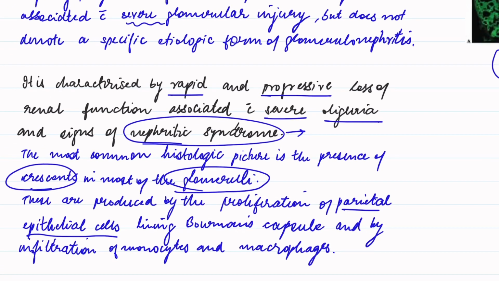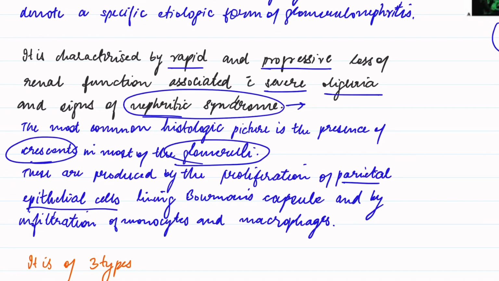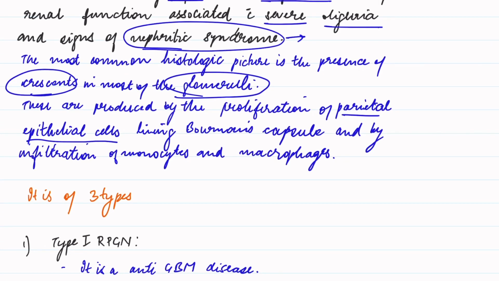Okay, so there is a rapid and progressive loss of renal function with severe oliguria and signs of nephritic syndrome. You will see crescents in most of the glomeruli, and these crescents are made up of parietal epithelial cells.